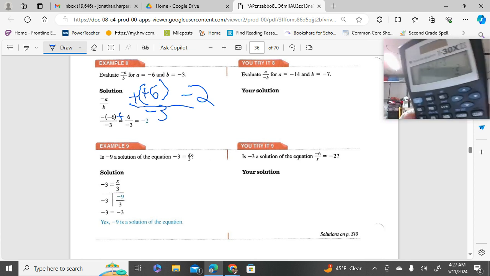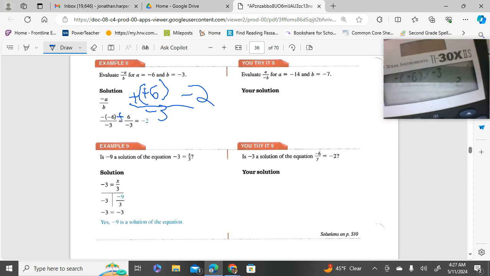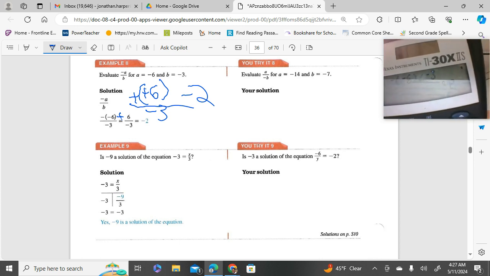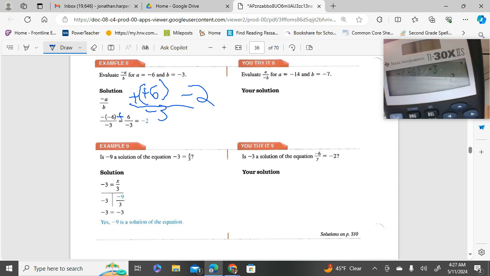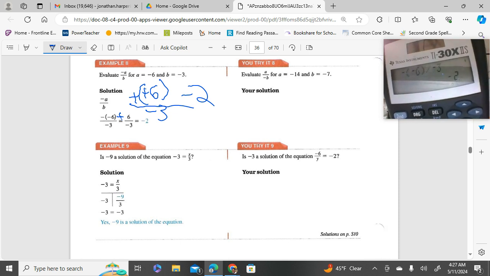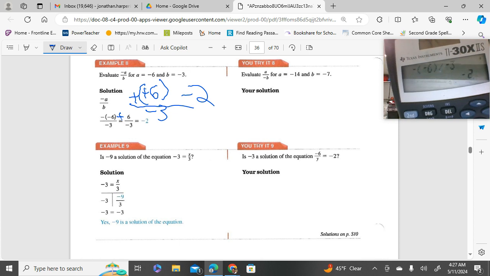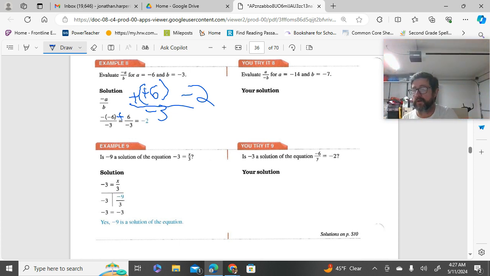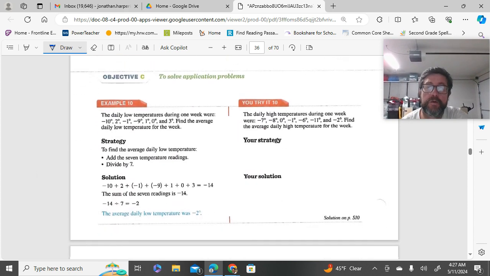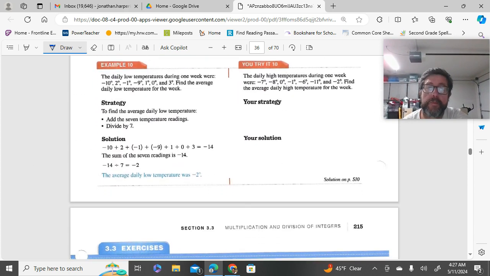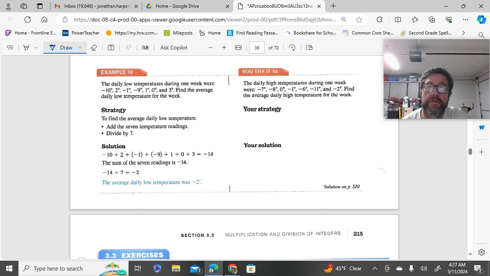Your answer should be -2. Notice how I put negative parentheses -6 end parentheses, because that's very important that you enter the problems correctly to get a correct answer. You guys can always pause it and do all of these right now. Okay. Pause it and do all these.